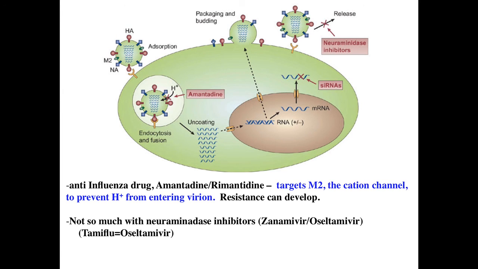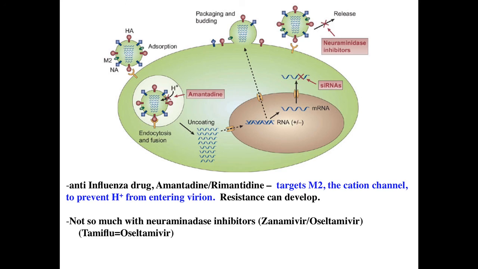Now, in terms of chemotherapeutics, one of the reasons why it's important to understand influenza is that somebody figured out that you could actually block the ability of protons to get inside the virus. So you don't block the actual acidification of the endosome.